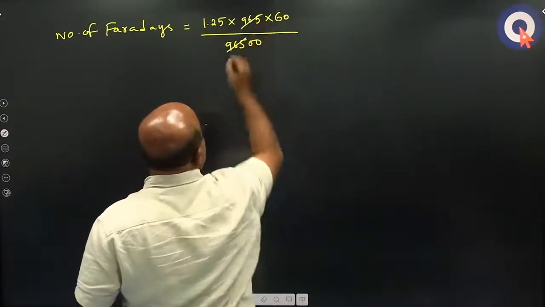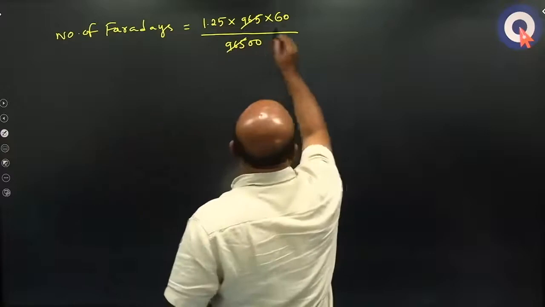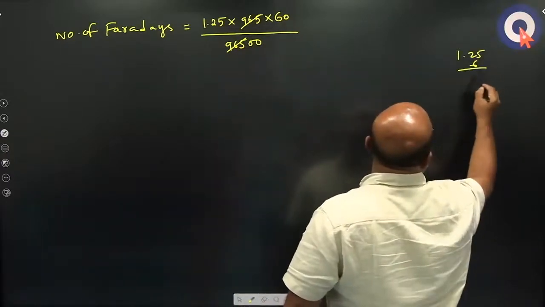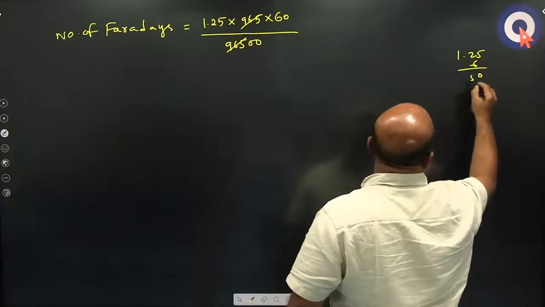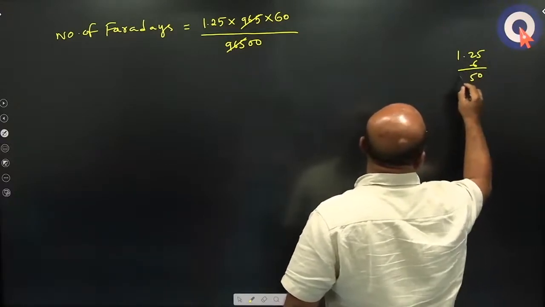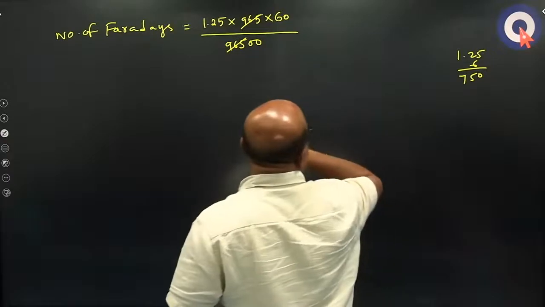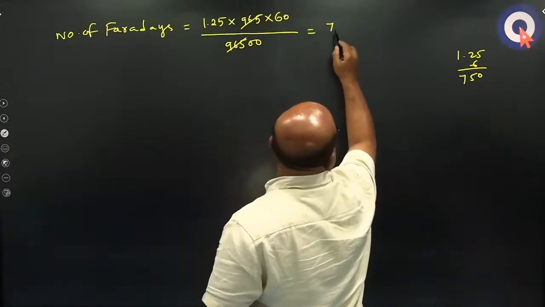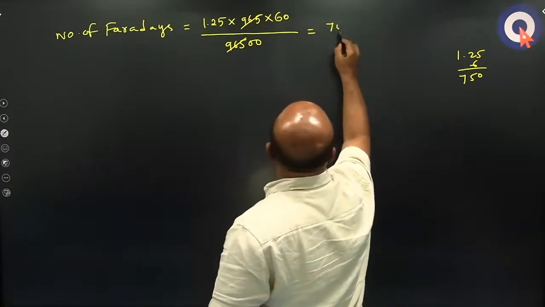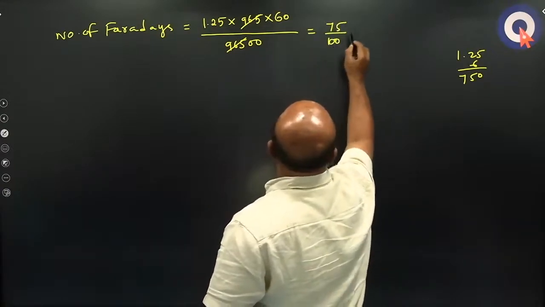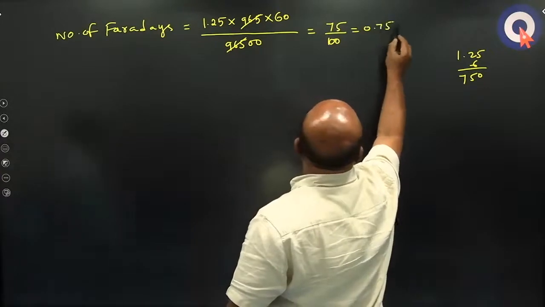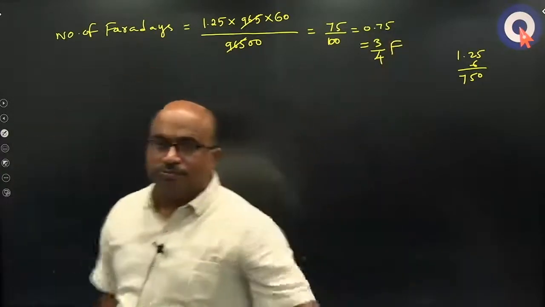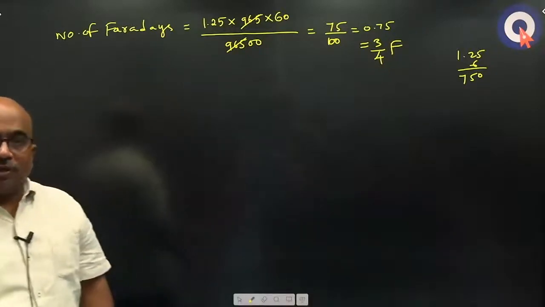So this will cancel here. So this is 1.25 into 6, so 75 by 100. So 0.75, otherwise nothing but 3 by 4 Faradays.